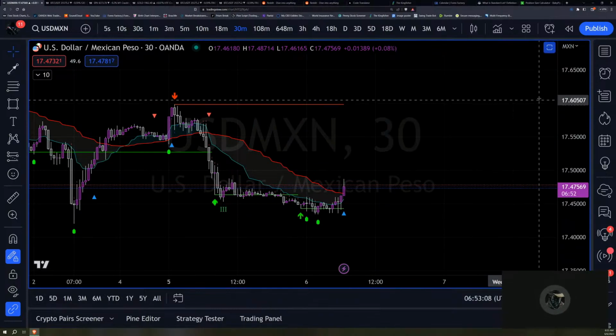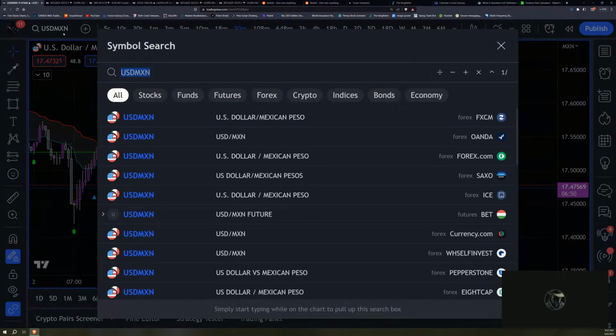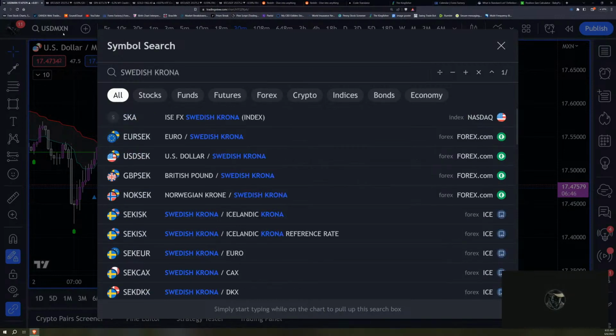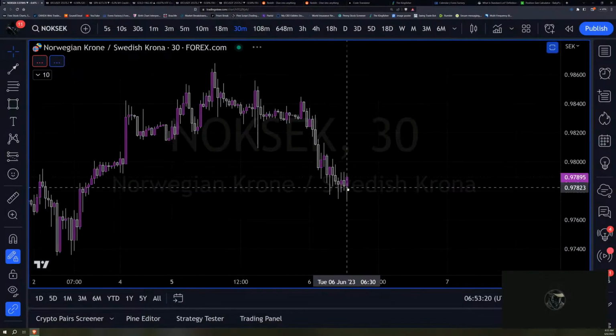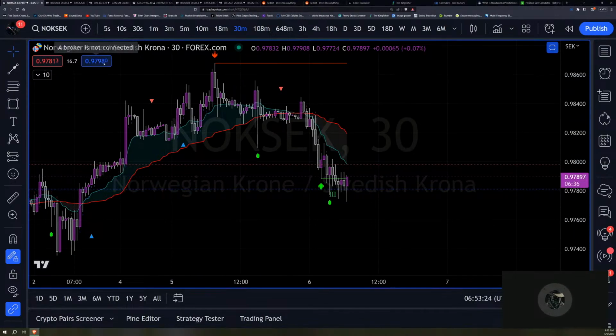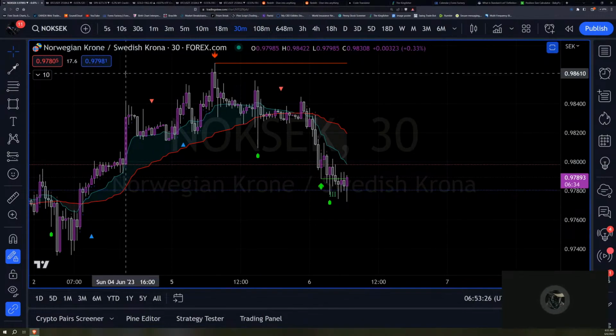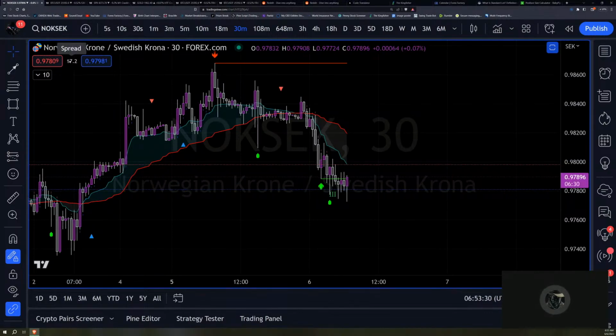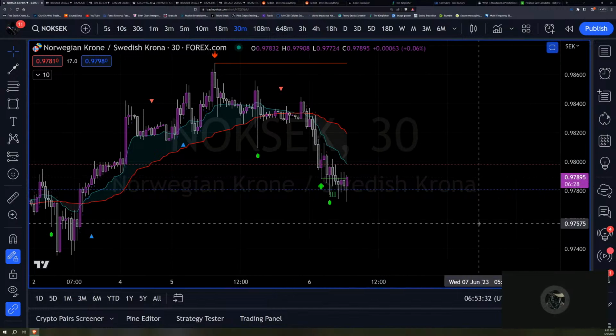Go to the euro, Swedish krona, or even better, the Norwegian krone versus the Swedish krona. It's the same kind of decimal point system, but the spread is 17 pips. So there's not a lot of liquidity.